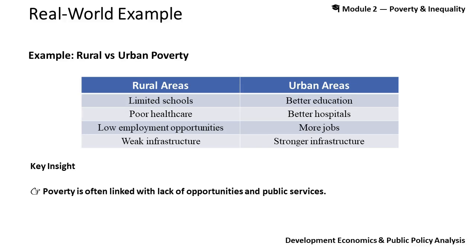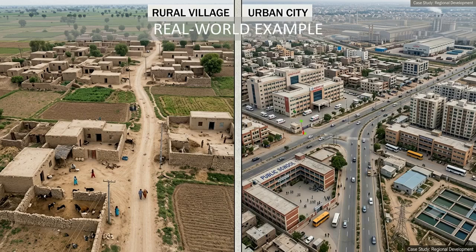Real world example. Let us compare poverty conditions in rural and urban areas. In many rural regions, educational facilities are limited. Healthcare services may be inadequate. Employment opportunities are fewer. Infrastructure such as roads, electricity, and communication networks may also be weak.